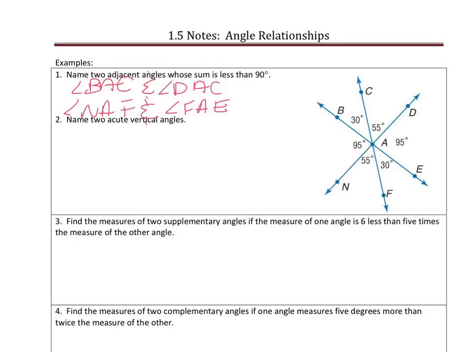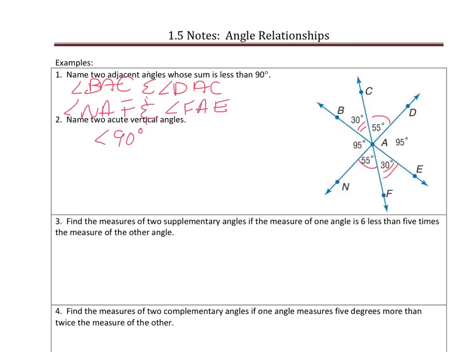Number 2, name 2 acute vertical angles. There are 2 answers to this as well, and they are related to the answers above. So we can see that these 2 are vertical and they are congruent, and these 2 are vertical and congruent, and also meet the requirement to be acute vertical angles, which means less than 90 degrees. So we're looking for less than 90 degrees.